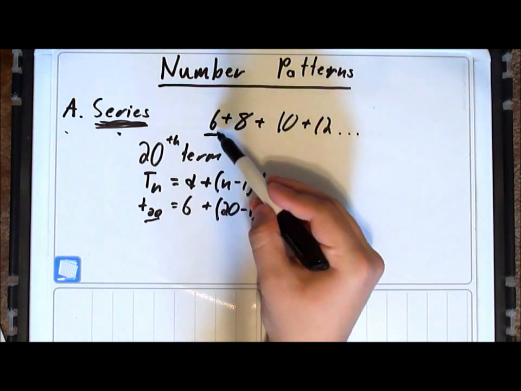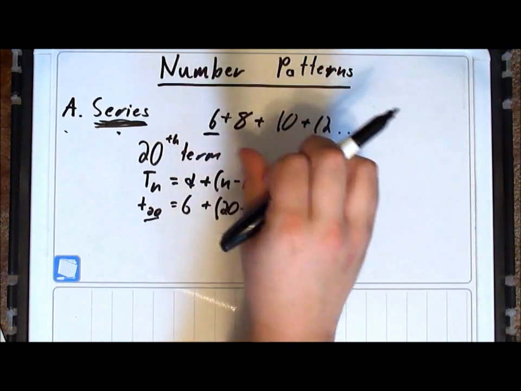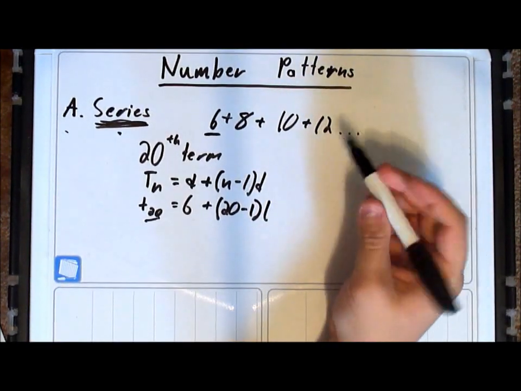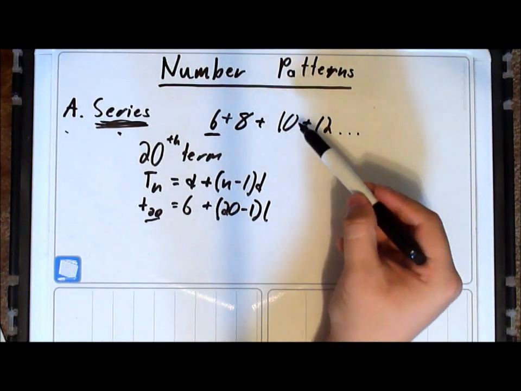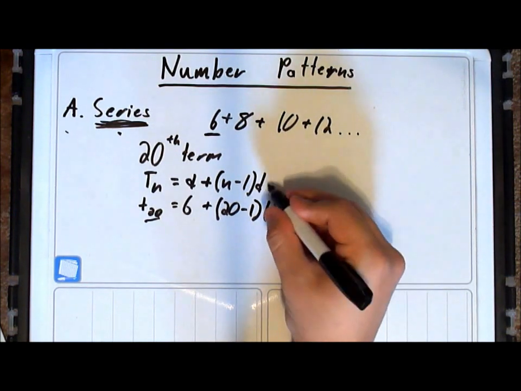Since 6 plus 8 plus 10 plus 12 means you're adding 2 every single time, your common difference is 2.